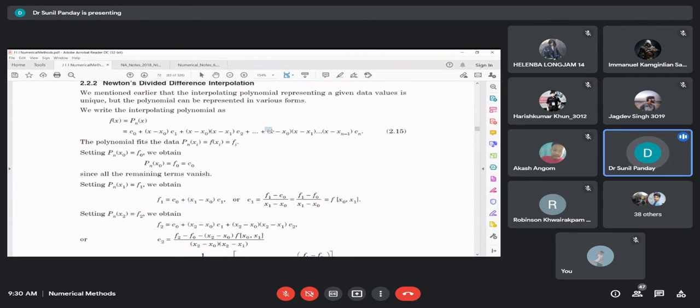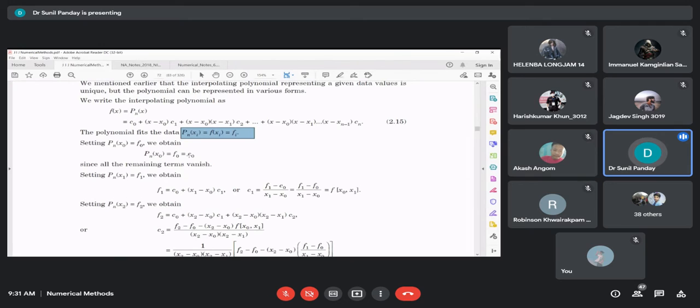You can see that it is an nth degree polynomial, and we will calculate C naught, C1, C2, up to Cn, so that they satisfy the interpolating condition: the polynomial at xi should be equal to the function value at xi. We then substitute the values of C naught, C1, C2, Cn in this, and we get the desired formula.